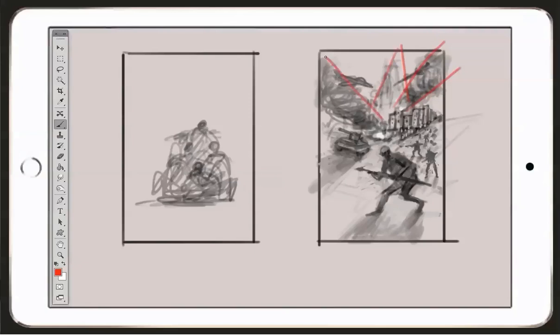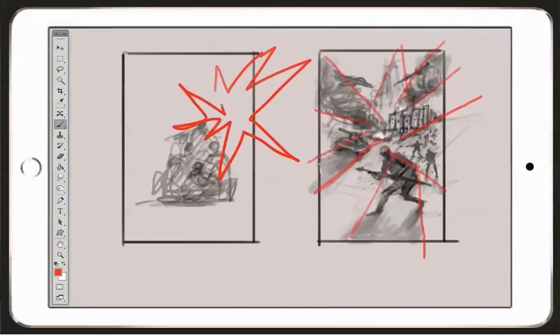Now this doesn't have to be an exact shape that looks like an explosion. It just has to give the feeling of an explosion taking place. So it's something like that, where these lines are all radiating outward, just like with this explosion shape that I started this sketch with.